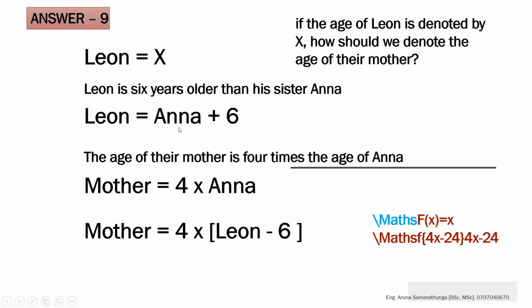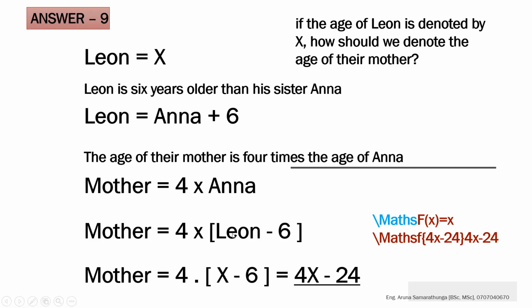From this equation you can get Anna, and put this 6 on this side, subtracting here. Okay, so you can put that value here. You can remove Anna because we don't need Anna anymore, because we have to compare the mother's age with Leon's. Leon's age is given as x here. So I put x there.